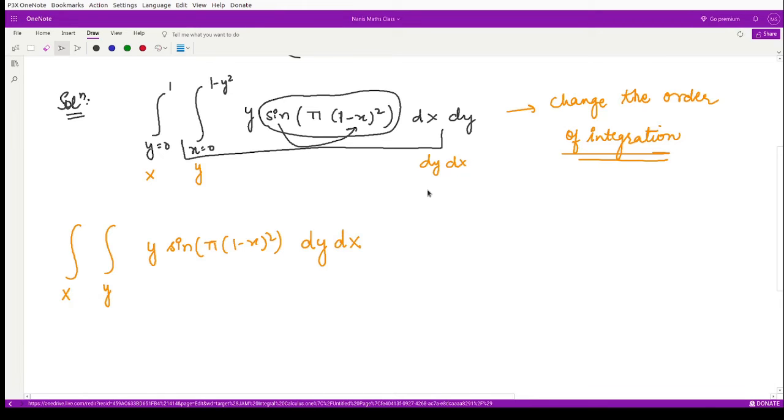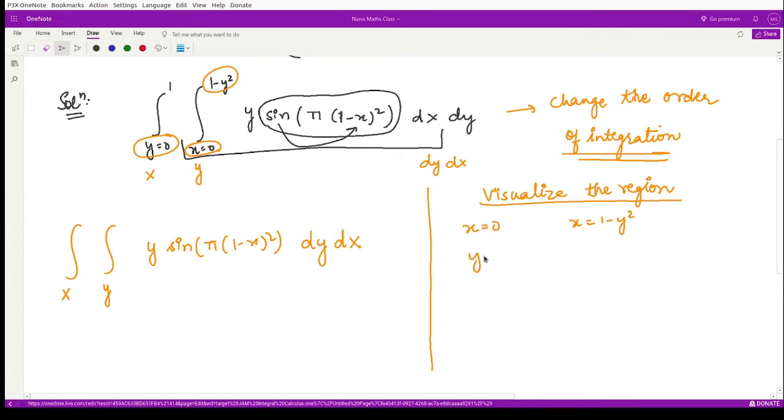For that, we have to visualize the given limits or the given region. So for the region, if you look at your earlier limits, it has x is equal to 0, it has x is equal to 1 minus y square, it has the value y is equal to 0 and y is equal to 1.